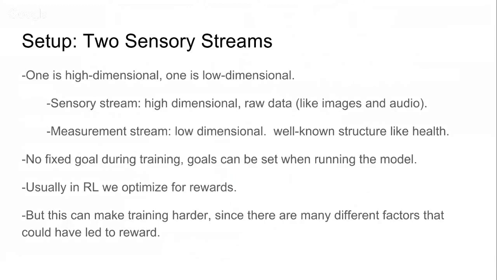Here you can have multiple types of things in the measurement stream. And the typical RL setup where you just have a scalar reward can make training harder because there are many different factors that could have potentially led to a reward. So you're entirely responsible for doing this credit assignment problem of understanding what part of the state has value.